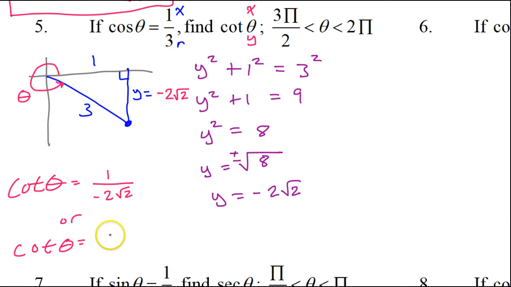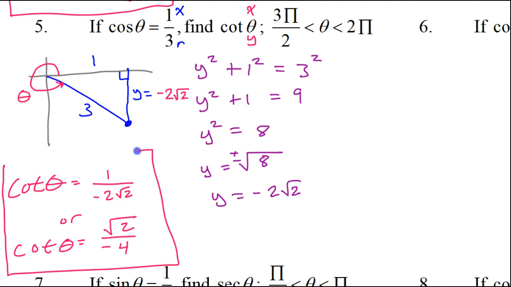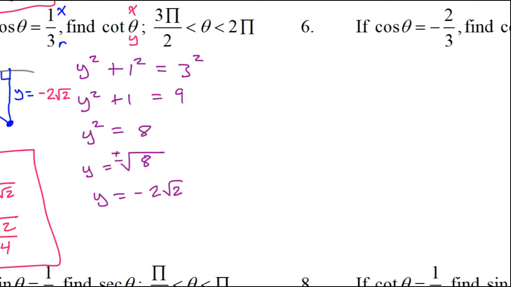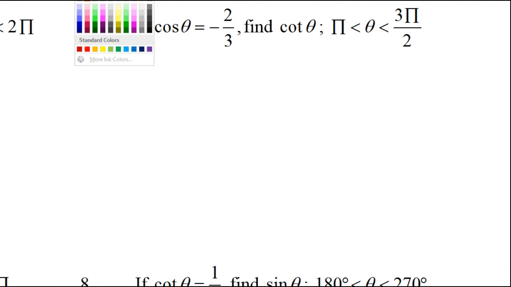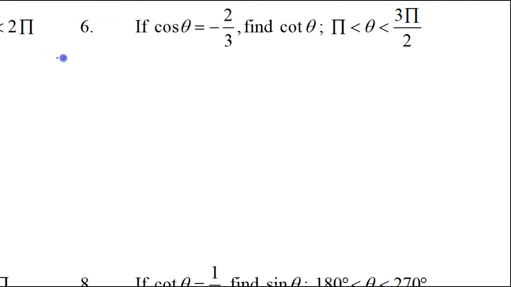Or rationalizing the denominator, radical 2 over negative 4. So that is the answer to number 5. Okay, number 6. This one is between pi and 3 pi over 2. So this will be in the third quadrant. So I will draw my diagram like this.